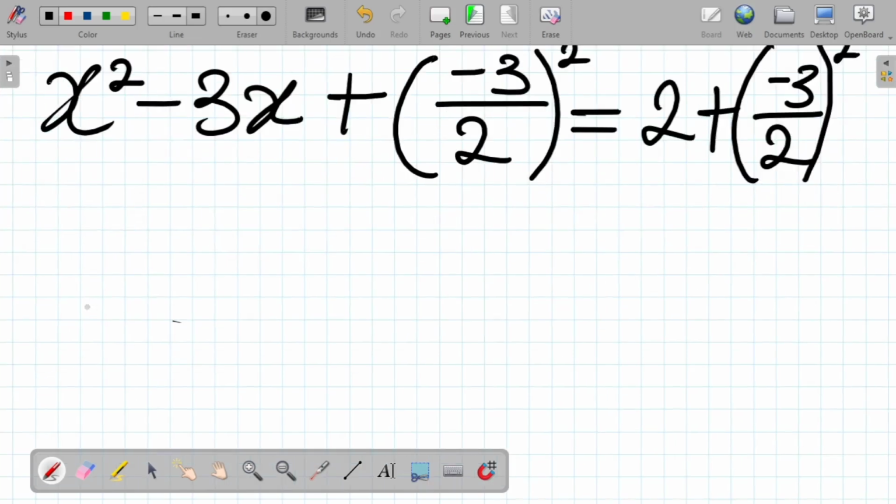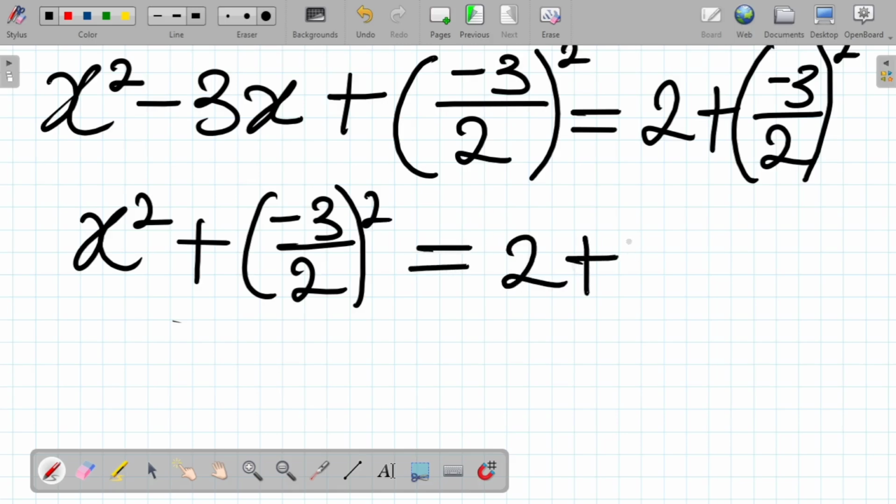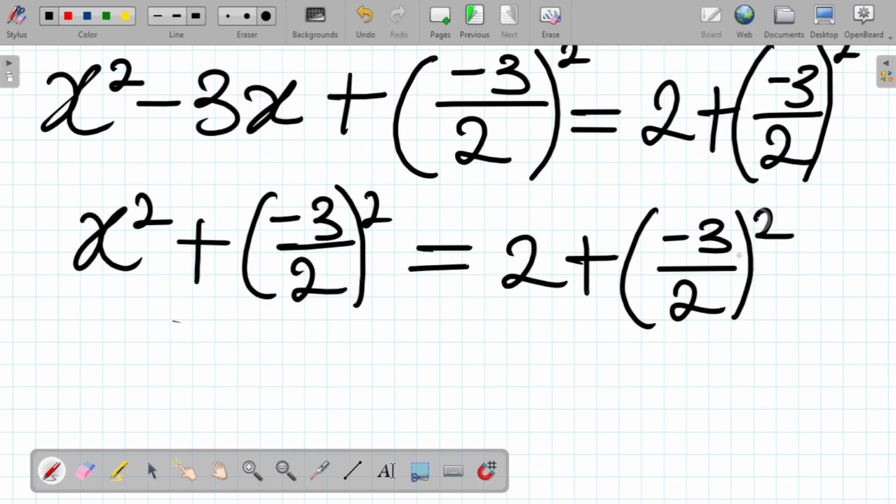Our next task is to collect the terms having square in the left hand side. So we have x squared plus negative 3 all over 2 all squared equal to 2 plus negative 3 all over 2 all squared.